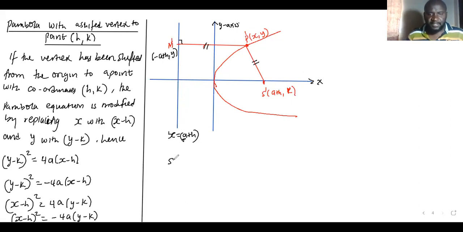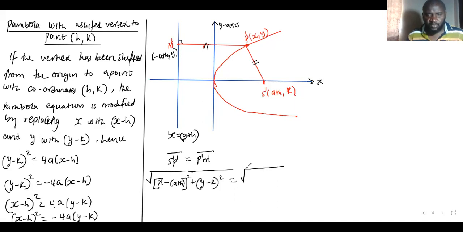So still, the distance S'P' is supposed to be equal to P'M', which is the same as the square root of (x − (a + h))² + (y − k)², which should equal the square root of (x − (−a + h))² + (y − y)².